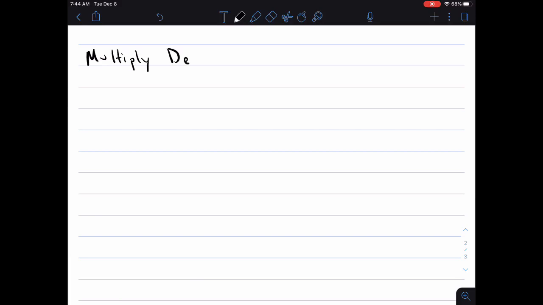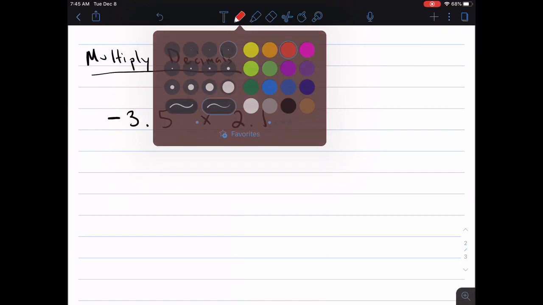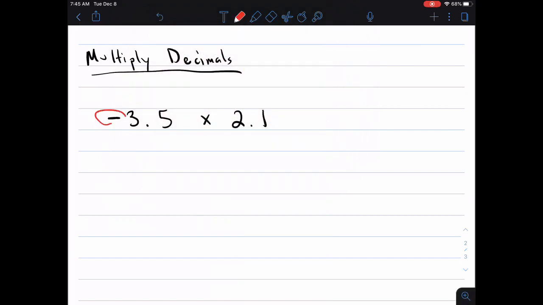Let's multiply decimals. Negative 3.5 times 2.1. Here I have negative and I have positive. Are they the same or different?